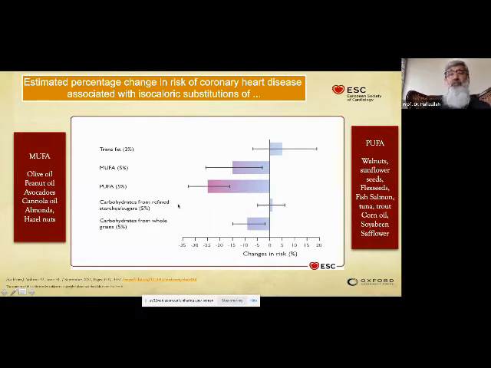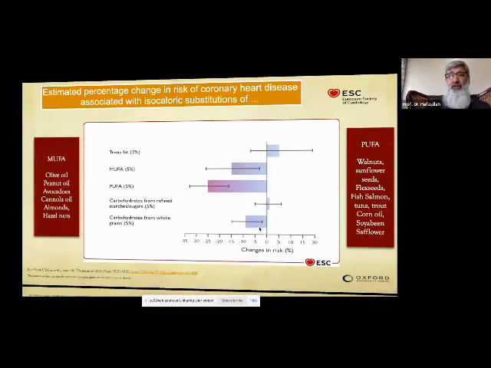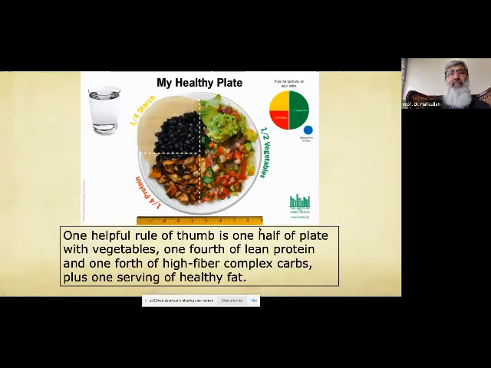Carbohydrates from refined sugar increase the risk, and carbohydrates from whole grains do not increase the risk, they improve it. So a healthy plate will look like this: at least one half of it is vegetables, only one quarter has a starch, and one quarter has proteins in it.